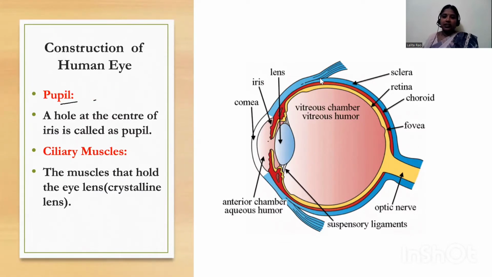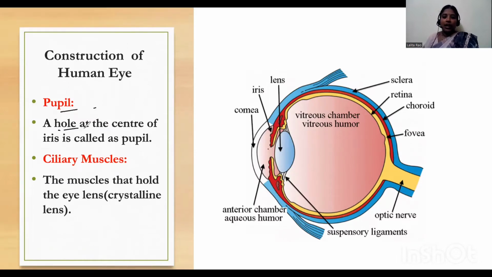So now let's discuss the pupil. As we have already discussed, the pupil is a hole at the center of the iris. So this is the iris, and at the center of this iris there is a hole which is known as pupil.